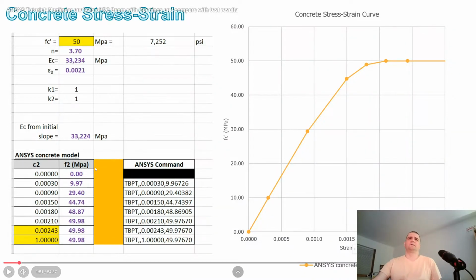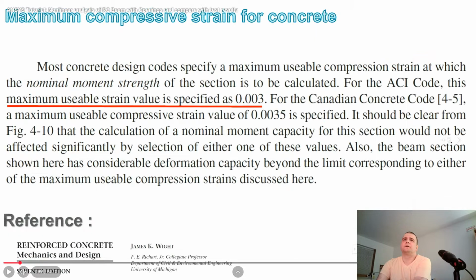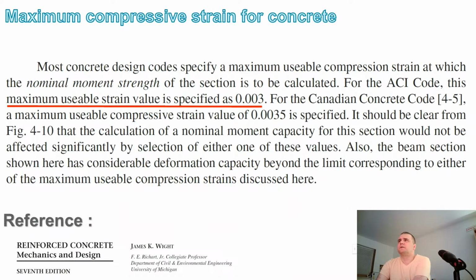He's defining the material model with APDL. Most concrete design codes specify maximum usable compression strain at which the nominal moment strength of the section is to be calculated. For the ACI code, this maximum usable strain value is specified as 0.003.